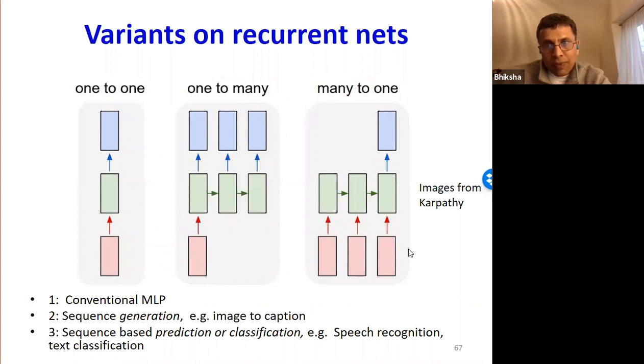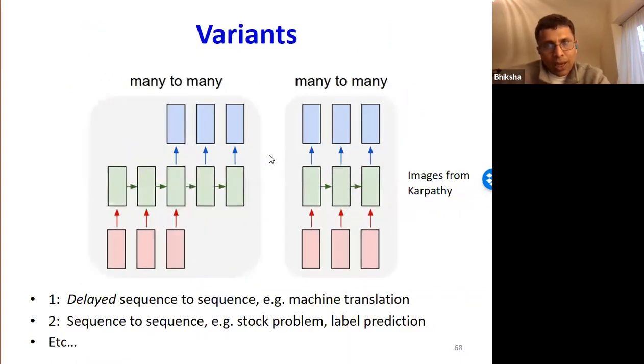Or we could have a series of inputs and a single output. This is what we have for speech recognition or text classification. You see the entire text and you decide its category. Or you can have a delayed sequence-to-sequence model where the entire input is read and then an entire sequence of outputs is produced. This is what we'd have for machine translation. You see the entire English text, you produce the entire French text.